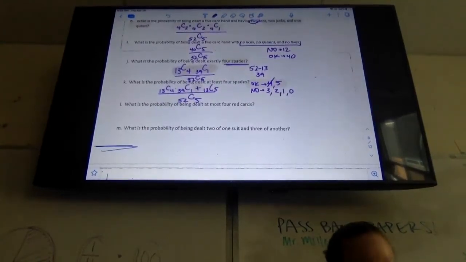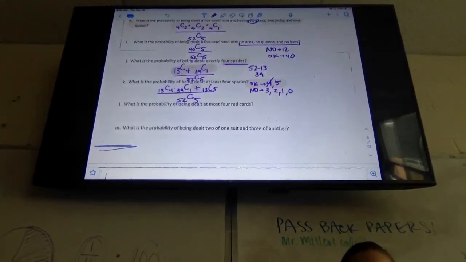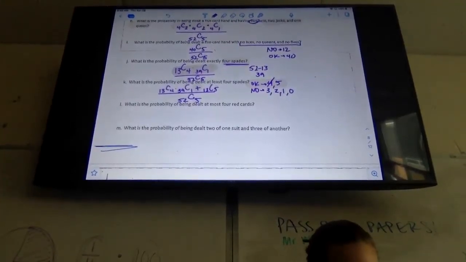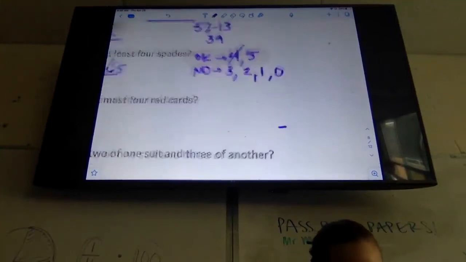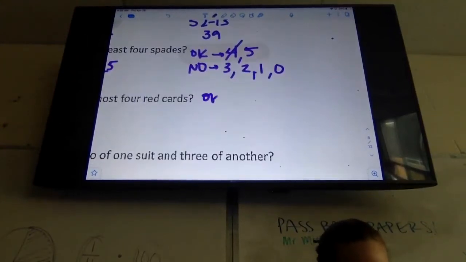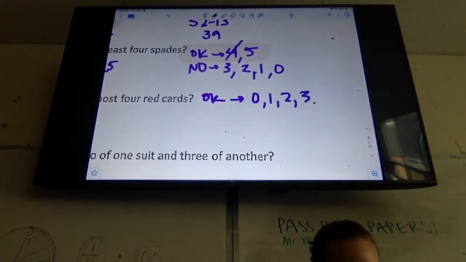Okay. Letter L is similar. It says, what's the probability of being dealt at most 4 red cards? So how many red cards is okay? 0, 1, 2, 3, 4. Is 4 okay? Yeah. What's not okay? 5.